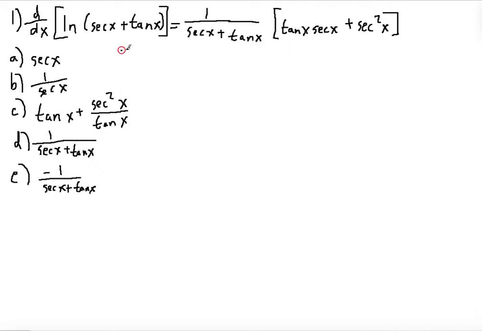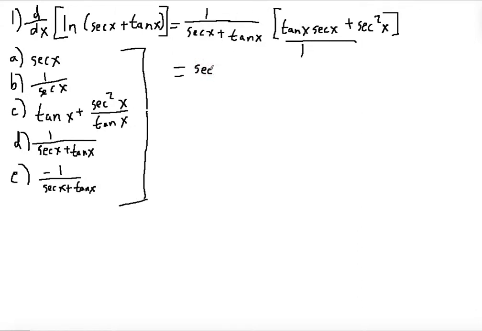And when you put these together, we can factor a secant out of each of these terms. And so I'm going to multiply my fractions together, but I'm also going to take my secant out.